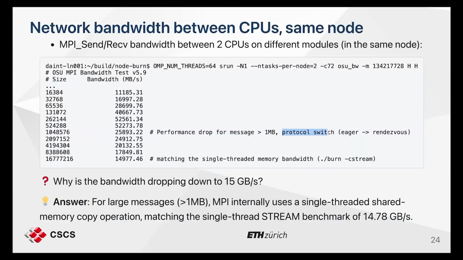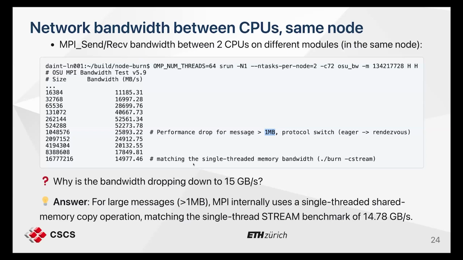First of all, the protocol switches from the cache-friendly eager protocol to rendezvous, and because it's not cache-friendly anymore, there is a lot more synchronization happening with this protocol and also a larger message size.